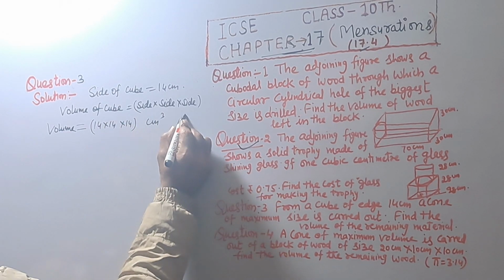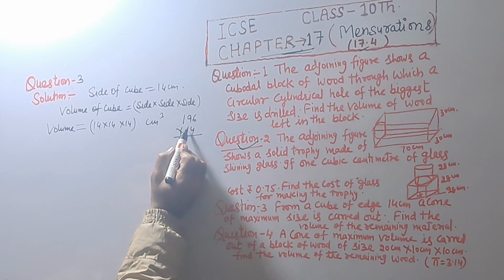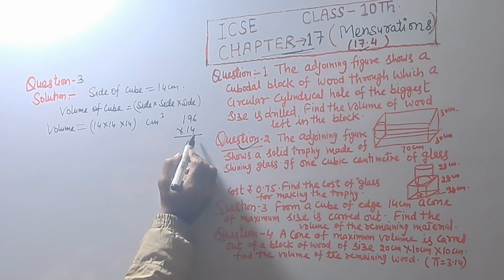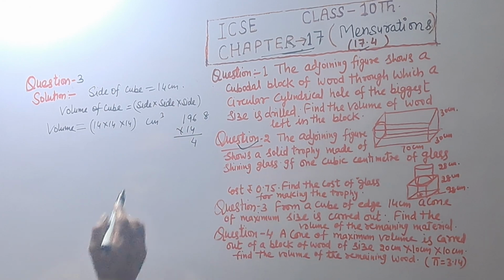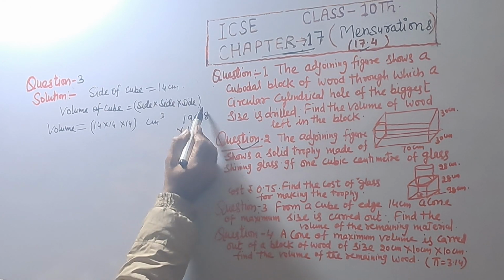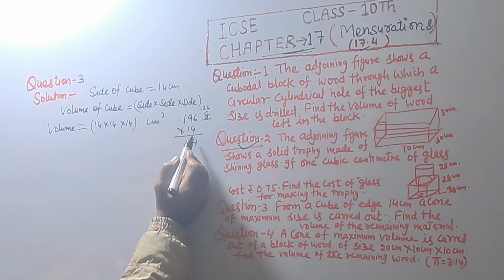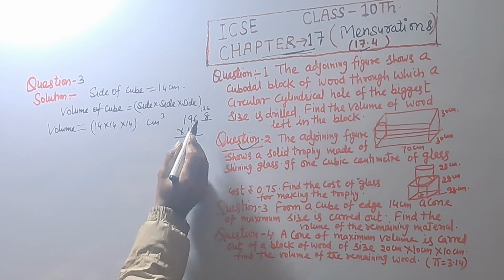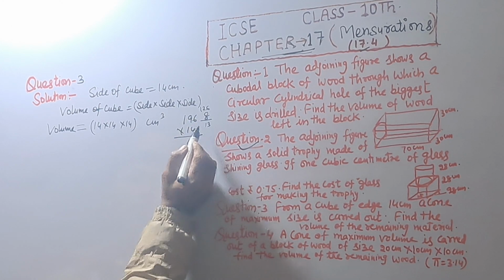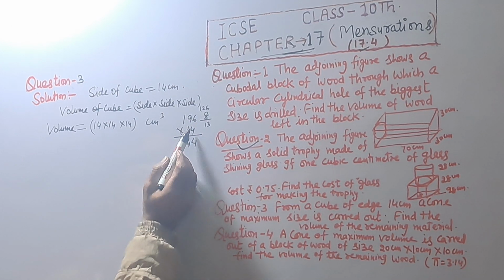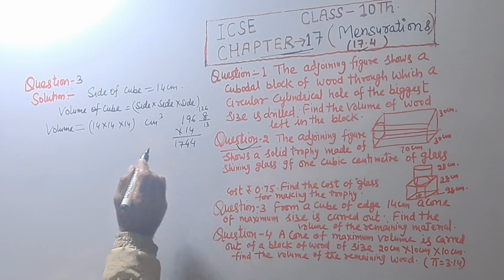14 14s are 196, multiplied by 14. 14 6s are 84, 8 carry. 14 9s are 126, 126 plus 8 is equal to 134, then 13 is carry. 14 1s are 14, 14 plus 13 is 27.